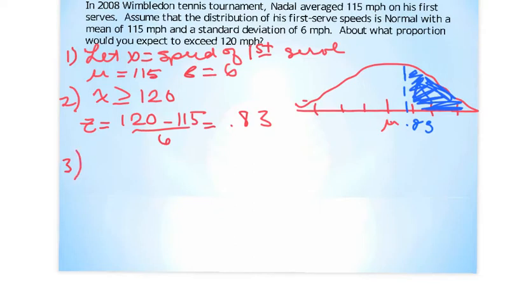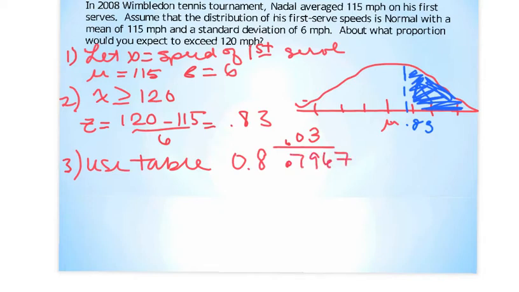So the third step is to do. I'm going to use the table, and I'm going to look up 0.8, and then at the top 0.03, and then I'll get a number which happens to be 0.7967.